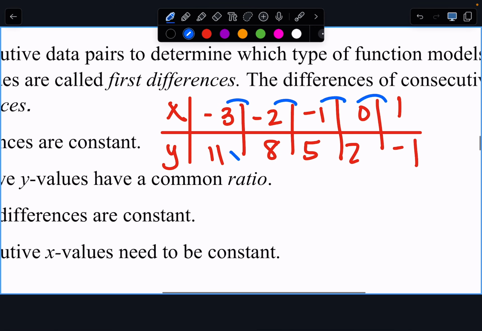Okay, so here we subtract 3, subtract 3, subtract 3, subtract 3, okay? If we are adding or subtracting the same number over and over from y value to y value, then we know we have a linear function. End of story. Okay.